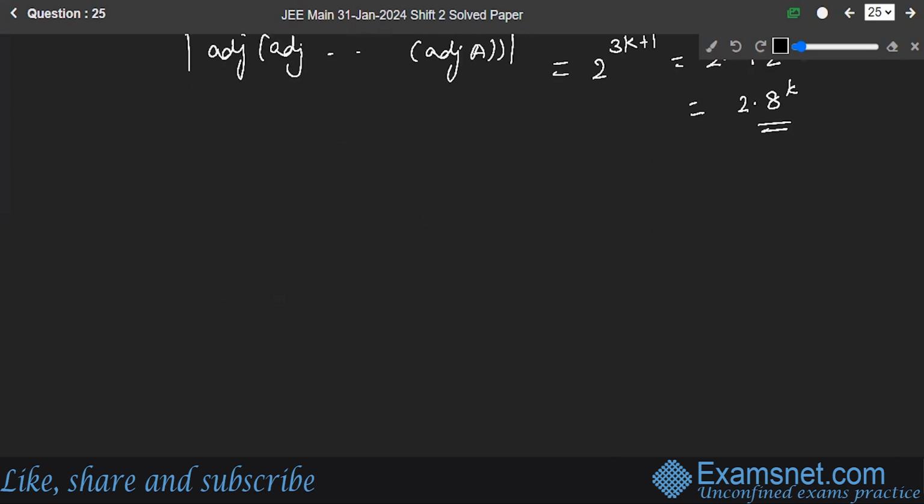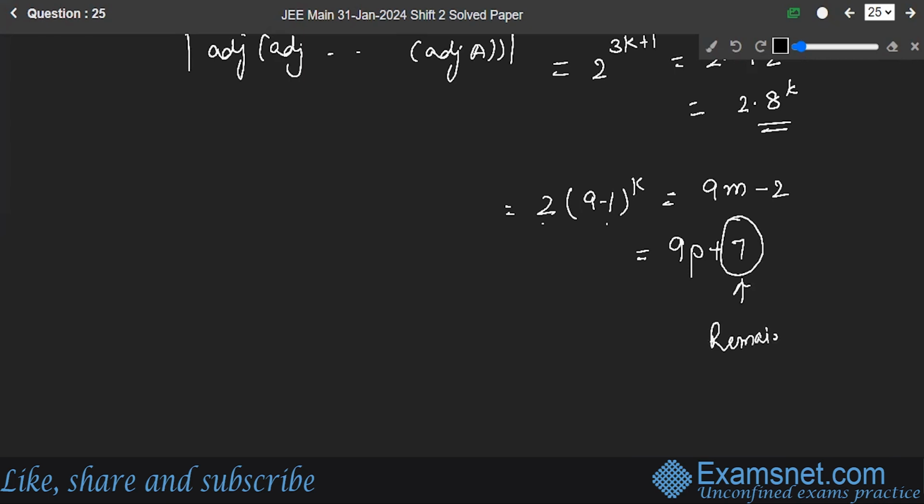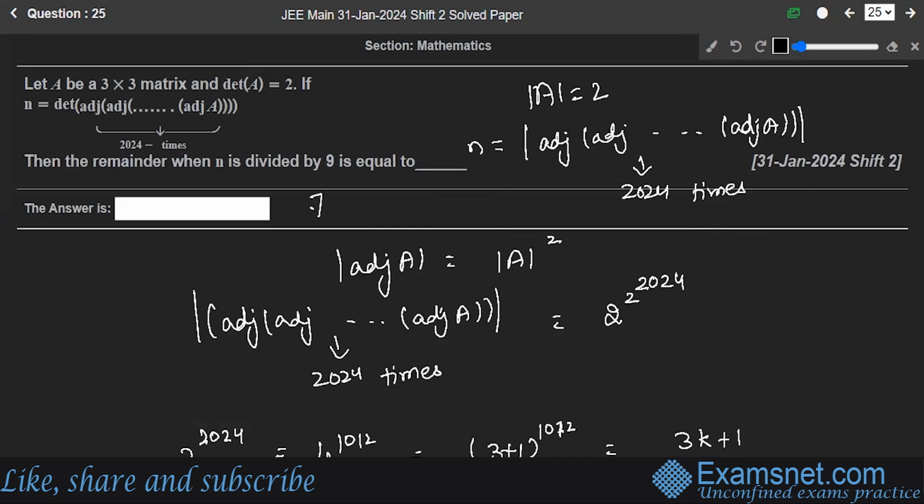This can be written as 2 into 9 minus 1 raised to power k, which is equal to 9m minus 2, because this 2 when multiplied by the 1 will give you minus 2. So this is equal to 9p plus 7, if I add 9 to it. So this gives me a remainder of 7 always, because this is a multiple of 9 and the remainder will be equal to 7. That makes 7 the right answer to the question.